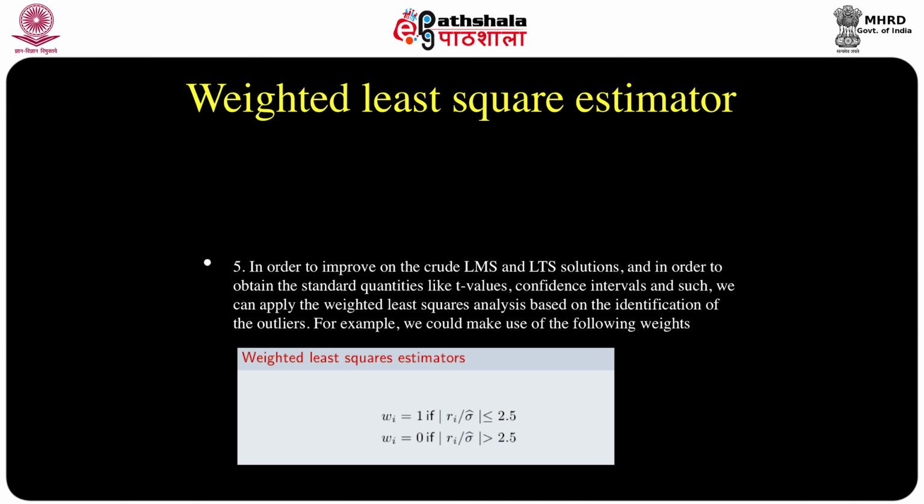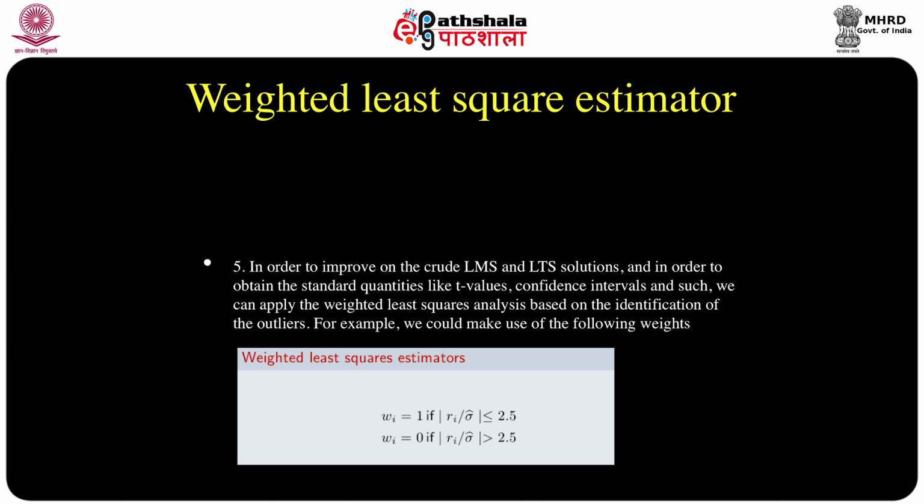The last method of robust regression that we will discuss here is the weighted least square estimator. In order to improve on the crude LMS and LTS solutions, and in order to obtain the standard quantities like the t-values, confidence intervals and such, we can apply the weighted least square analysis based on the identification of the outliers. For example, we could use the following weights before we perform the least square estimation procedure.